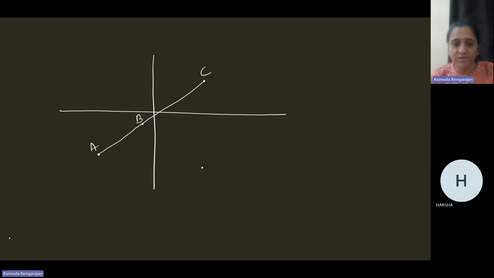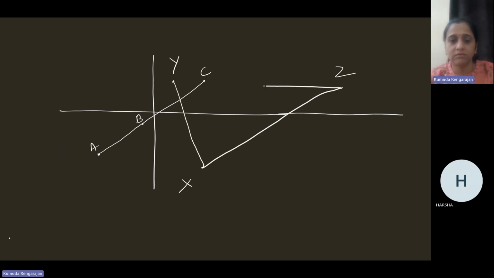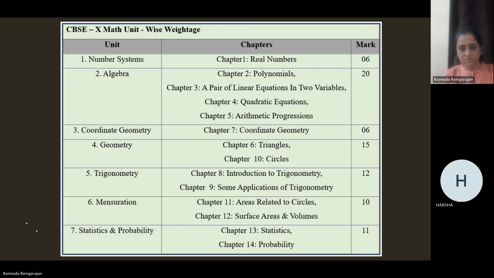So you plot 3 other points, X, Y, Z. They're not collinear, so they form a triangle. So when we have 3 points in a plane, either the points are collinear, or if they're not collinear, they form a triangle. These are the only 2 possibilities. So more things like this is what we see in coordinate geometry.